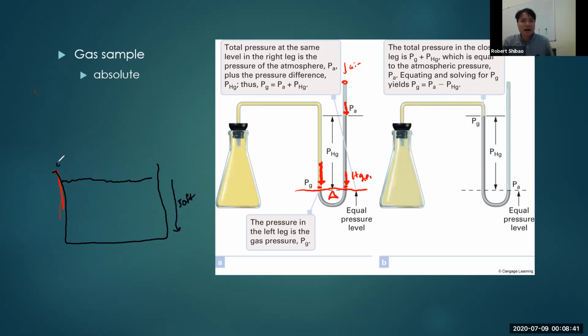If you're sitting on the top here, on the side of the pool, then you have the weight of the atmosphere. We call it P atmosphere, or PBAR. BAR stands for barometric pressure. And we're just going to say it's 1 atmosphere here. So we have the weight of the air on there, 14.7 pounds.